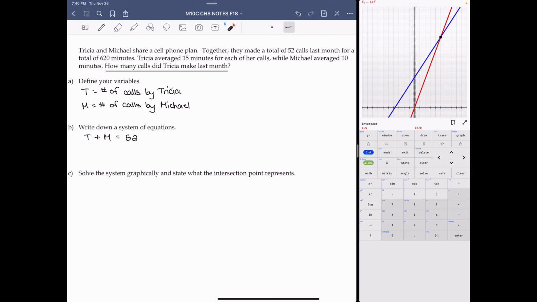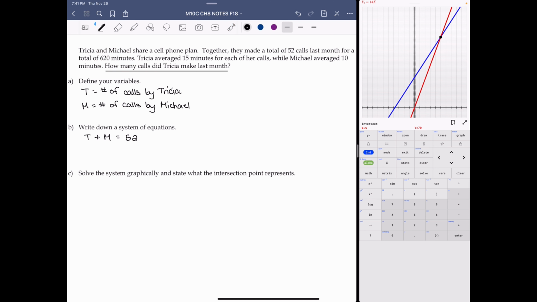They made a total of 52 calls last month for a total of 620 minutes. Trisha averaged 15 minutes for each of her calls, while Michael averaged 10 minutes. So the next equation is going to have to equal the total number of minutes.